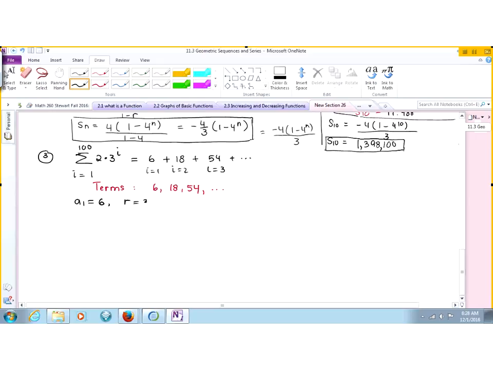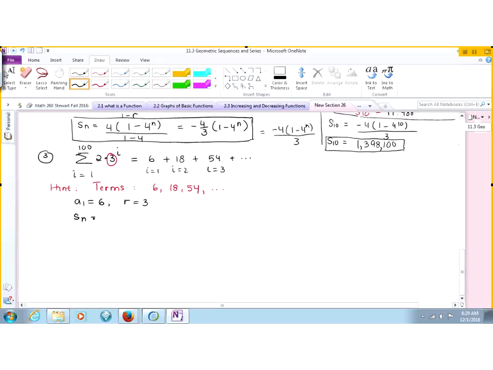A1 is 6. What is r? 3. Don't you think it's easier if I write this? So hint: write the terms. You did it, and you easily see it. This is your r here, 3 to the i.